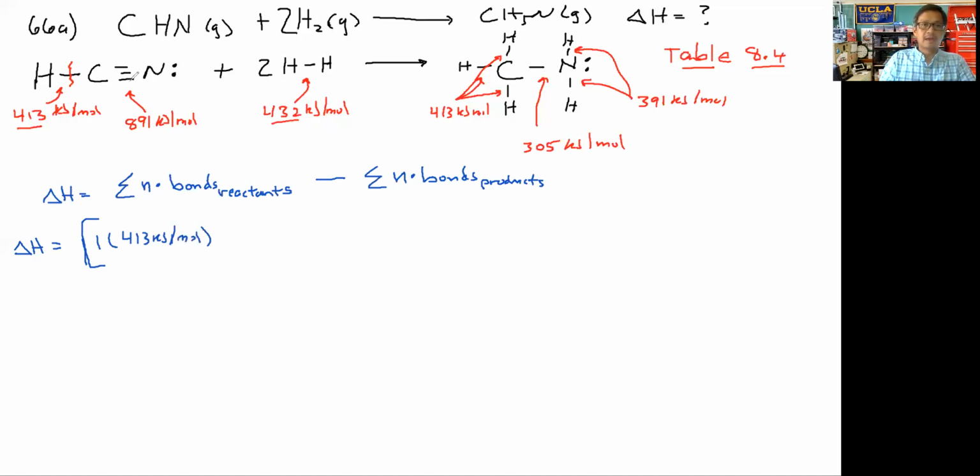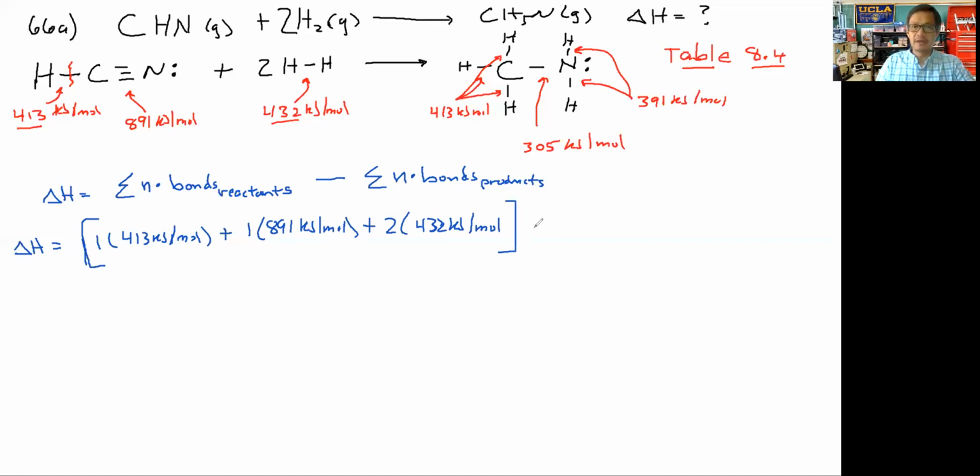We have 1 carbon-nitrogen triple bond, which is 891 kilojoules per mole. And then to that we're going to add 2, because we have 2 of these bonds. We have to break 2 hydrogen-hydrogen single bonds, and that's going to be 432 kilojoules per mole. And that takes care of everything for the reactants. So that's summing up everything on the reactants.